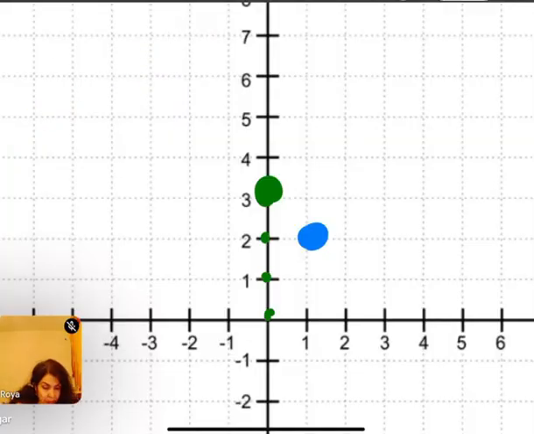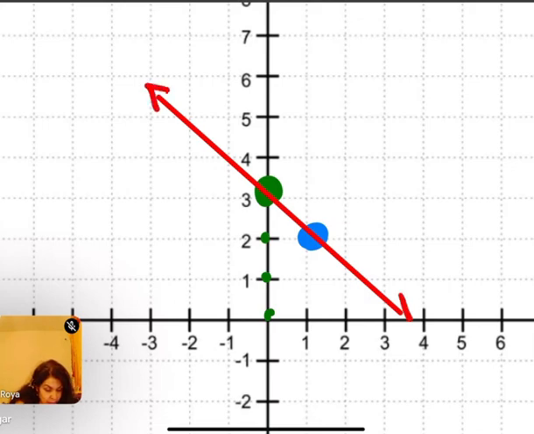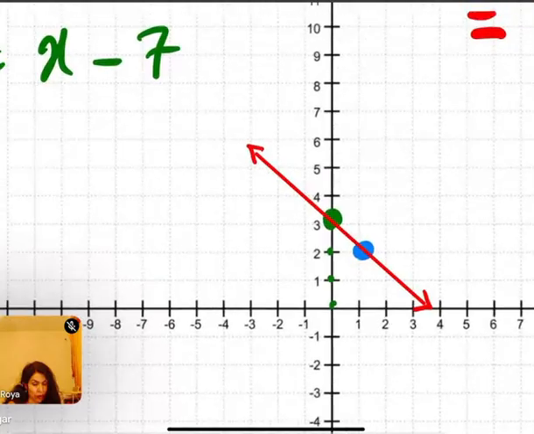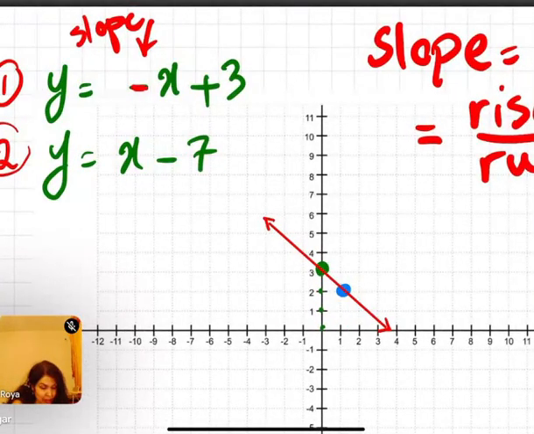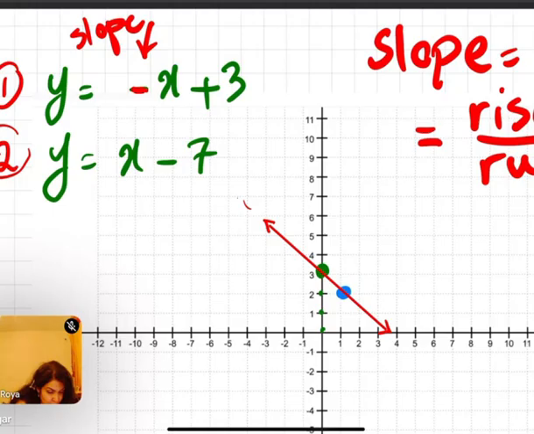Now we pass a line through these 2 points. You need to put an arrow at both ends, because it means that this line continues forever. And this is equation 1, y equal to negative x plus 3.